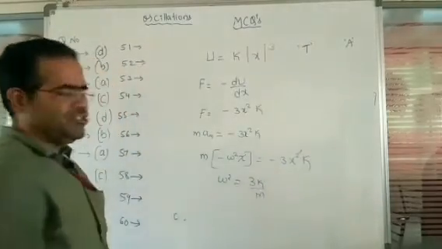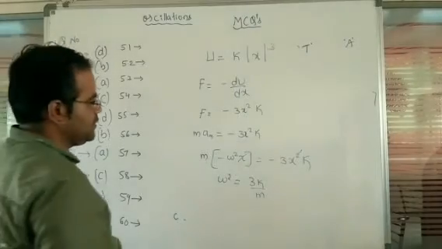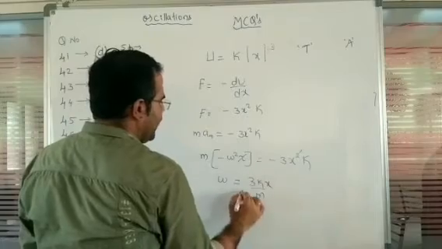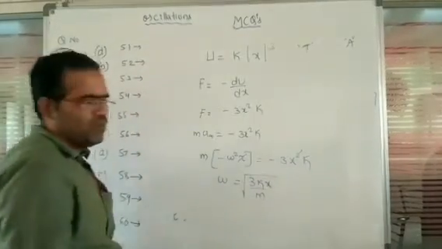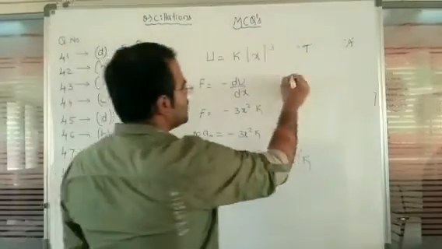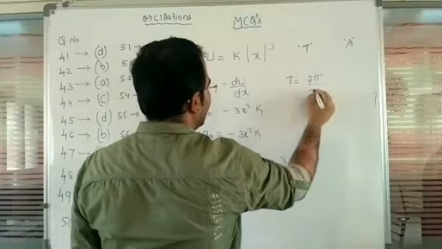So this is the equation: 3k divided by m. Or else we can write omega is equal to under root of 3k x divided by m. Now the time period, T is equal to 2 pi divided by omega.